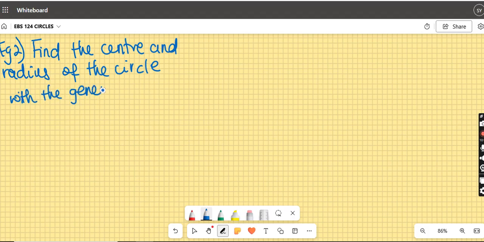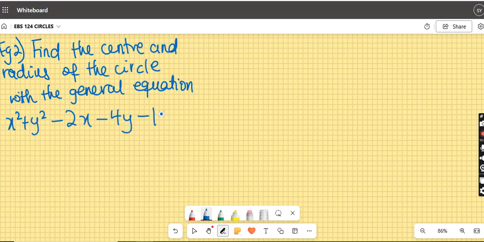The general equation is x squared plus y squared minus 2x minus 4y minus 11 is equal to 0. Good.